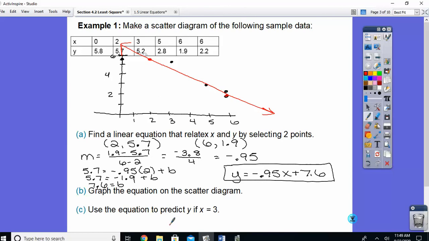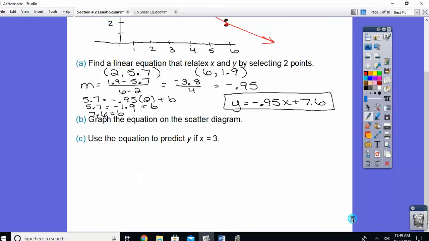If I want to use the equation to make a prediction when x equals 3, then if I plug that in, put all that in, we get 4.75.